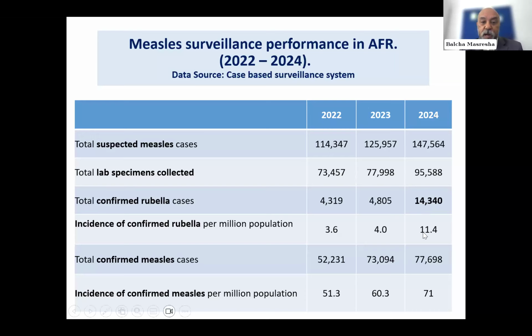So the significant jump in the incidence of confirmed rubella cases is also a result of this big outbreak that we had in South Africa, which, as far as I understand, is still continuing to a certain extent. And the number of confirmed cases that we had over the last 3 years is somewhere around 52,000, 73,000, and 77,000, with an incidence around 60 cases per million population across the region.